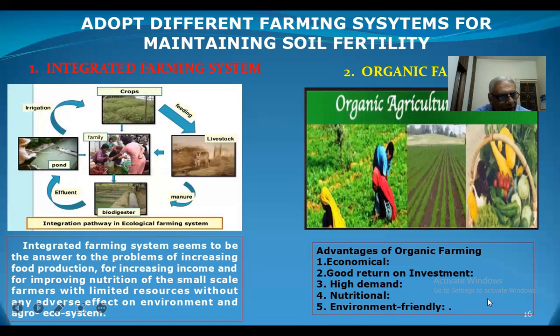At present, people prefer food with less pesticide residue, and that is only possible in organic farming or regenerative agriculture, because here we cannot use any chemical fertilizers, pesticides, or insecticides.